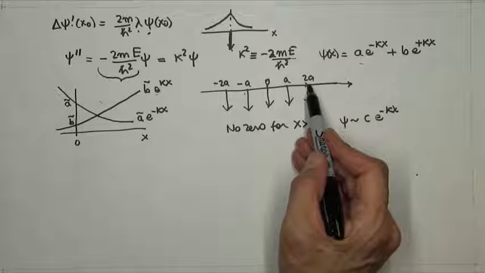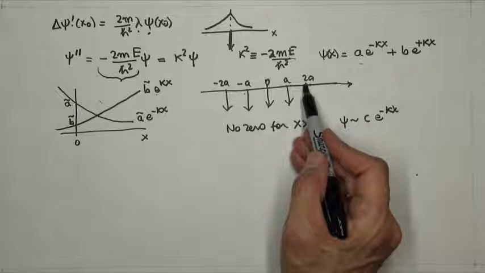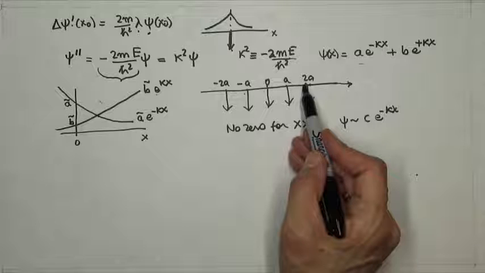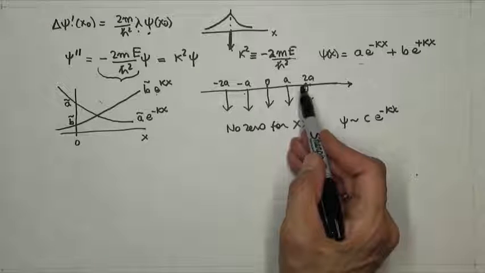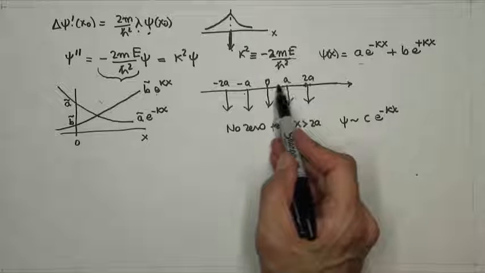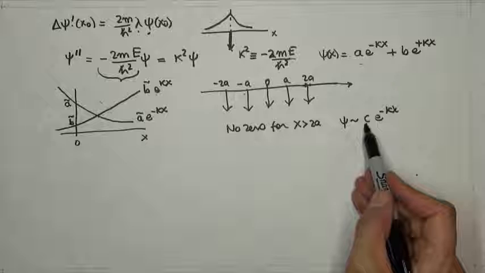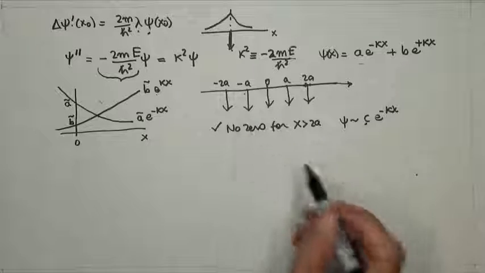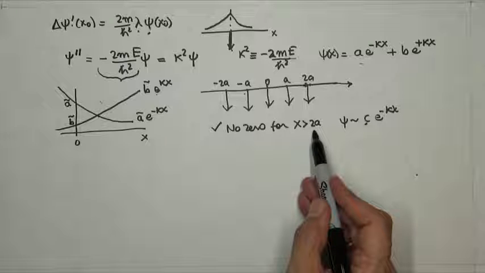Therefore, not only is the wave function and its derivative 0 a little to the right of 2a, but the wave function and its derivative would be 0 a little to the left. And therefore, by the general property of the Schrödinger equation, if the wave function and its derivative are 0, it becomes 0. So it will be 0 all the way here, and then by the same argument everywhere. So c equals 0 is no good. So indeed, you cannot have a zero for x greater than 2a.